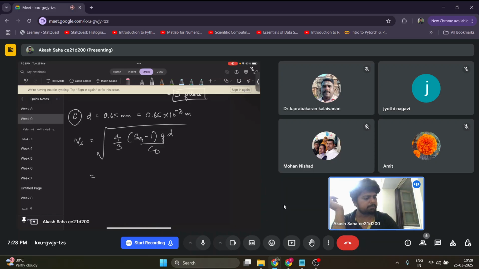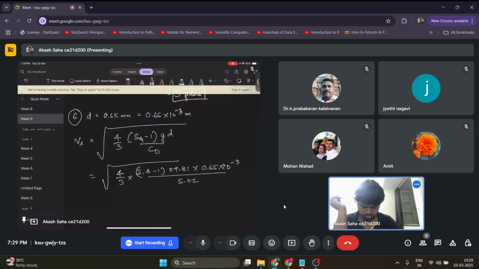Very direct and simple formula. So 4 by 3, Sg is 2.4 minus 1, g is 9.81 into 0.65 into 10 to the power minus 3, divided by CD, which is 5.02.